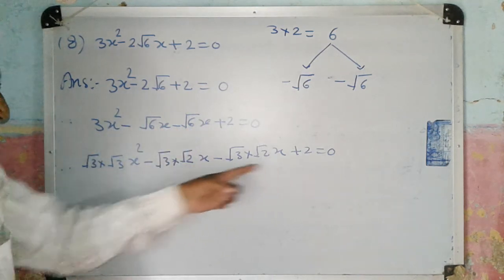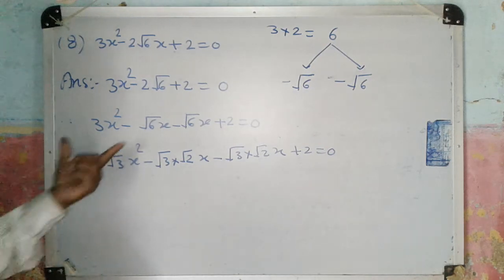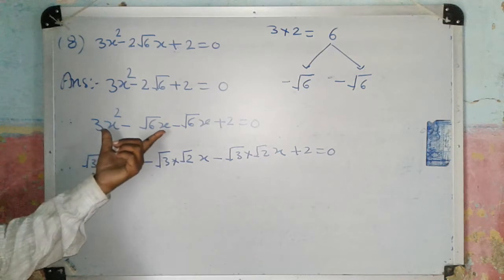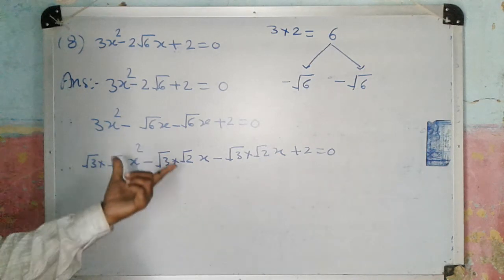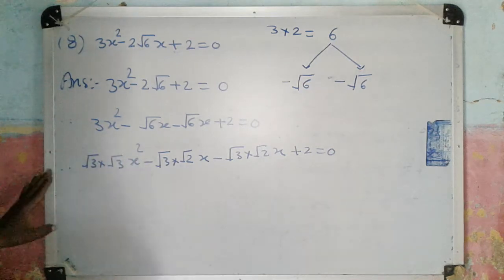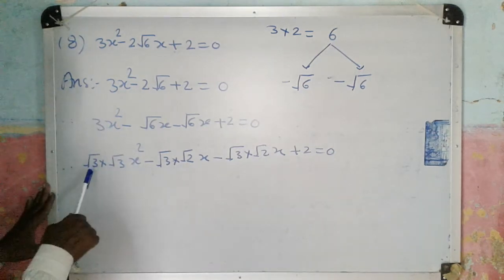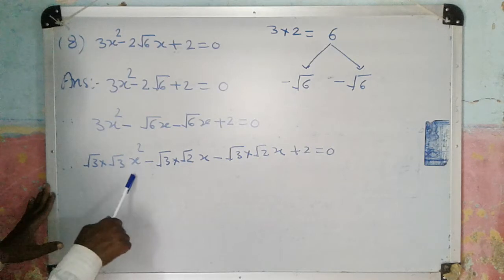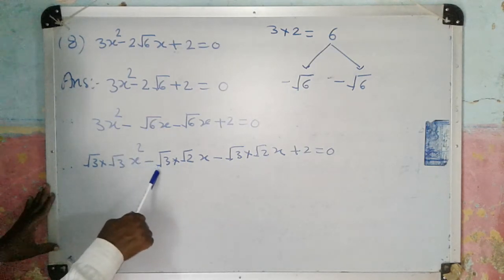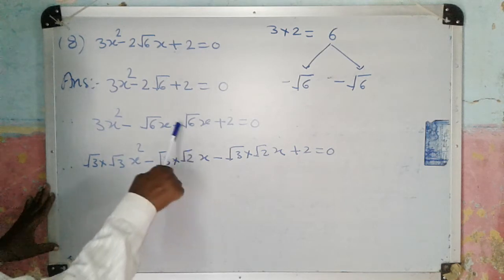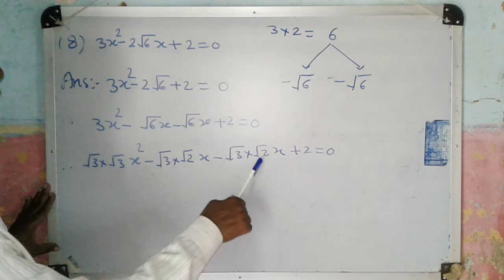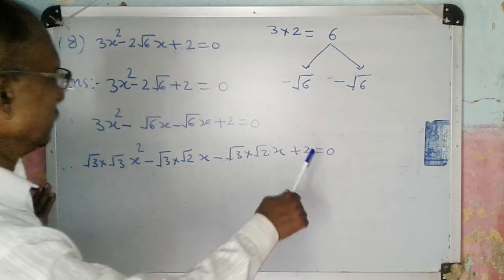It is not necessary to write this step, but to make it easy to understand, I am writing here the factors. The factors of 3 are root 3 into root 3 x square minus factors of root 6 are root 3 into root 2 x as it is, minus root 3 into root 2 x and last term plus 2.